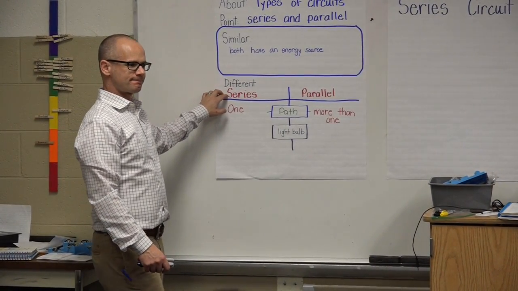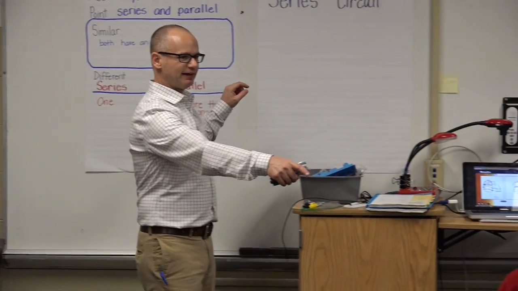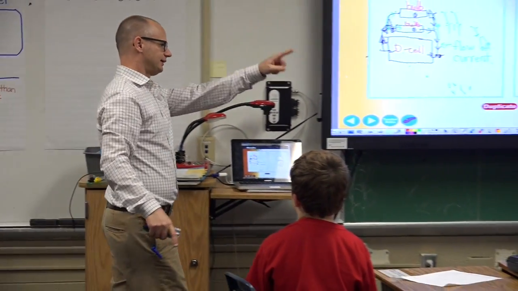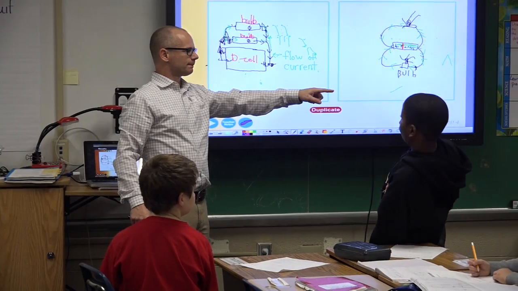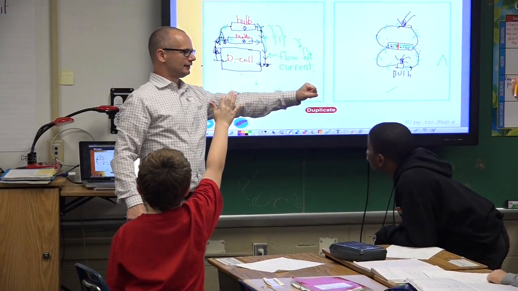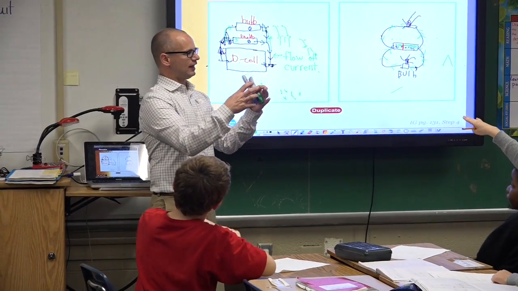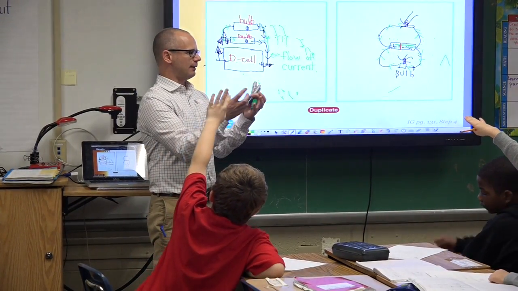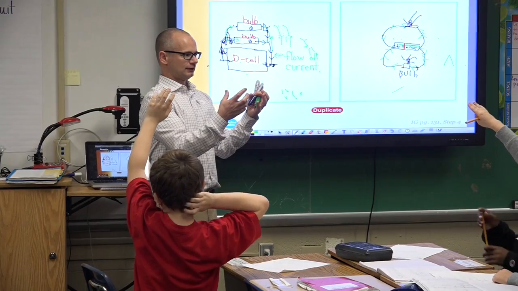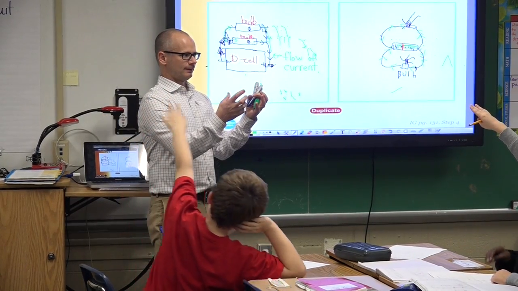How do they look? They light up. They light up, but how do they light up? With one path. Okay, but when you look at the light bulb, how would you describe how it's lit?